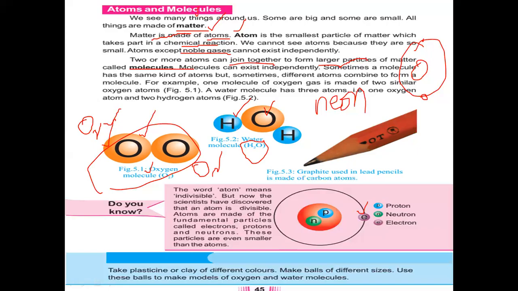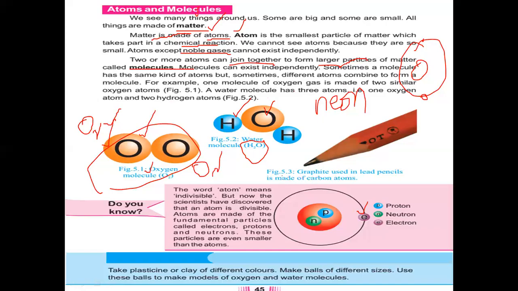The two atoms of hydrogen combine with one atom of oxygen, so they form H2O, meaning two atoms of hydrogen and one atom of oxygen. So this is also a molecule. One molecule of oxygen gas is made up of two similar atoms, and a water molecule of three atoms, two hydrogen and one oxygen.